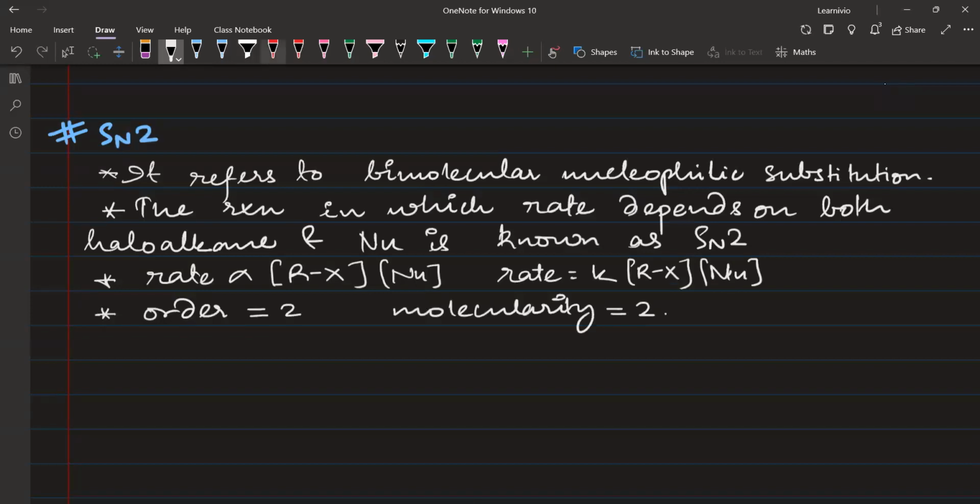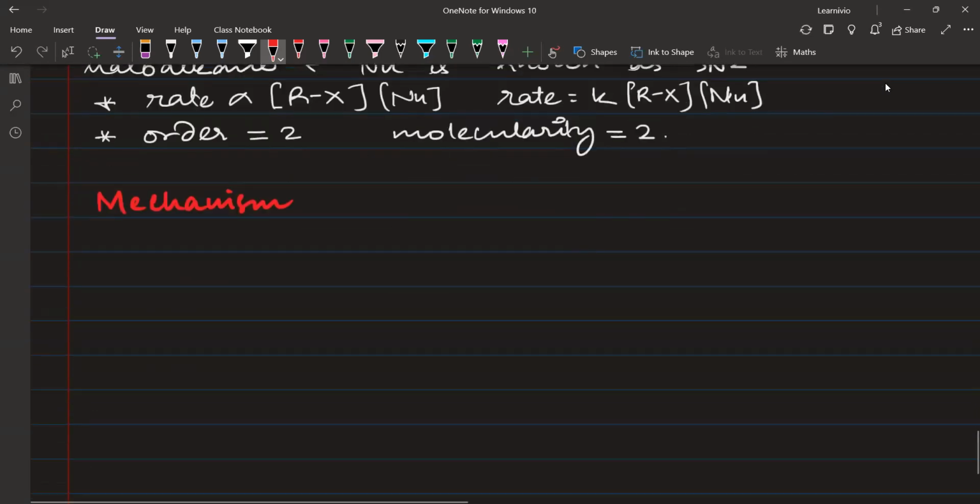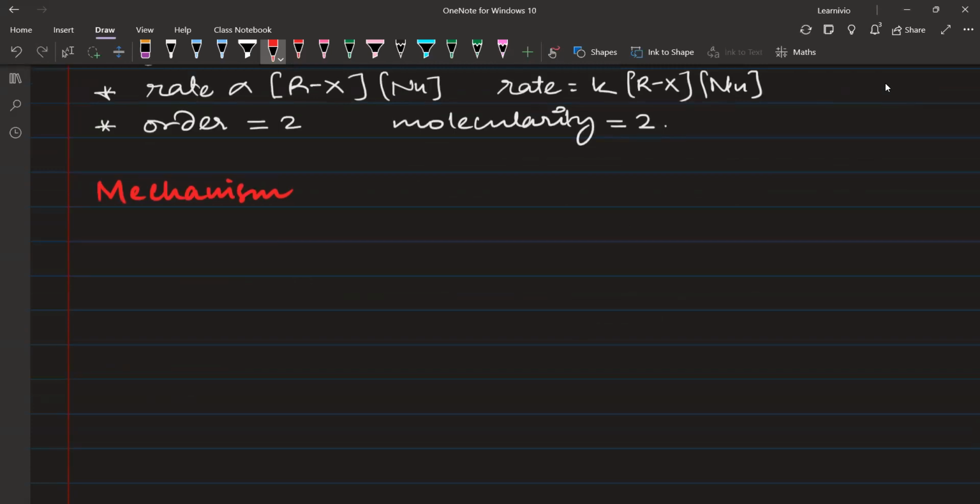Now, then we will look at the mechanism. So this occurs in one step. So both breaking of CX and formation of C-Nu bond takes place simultaneously.